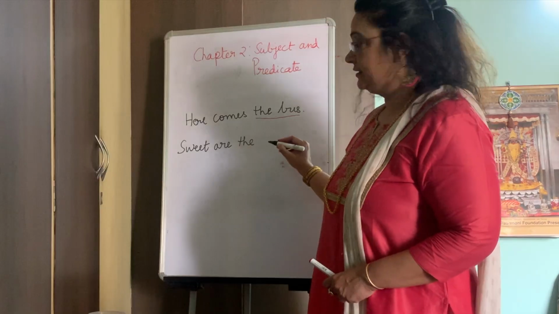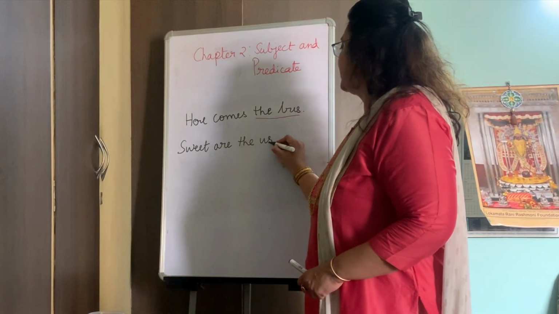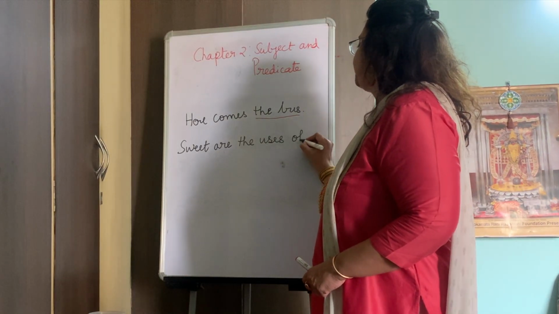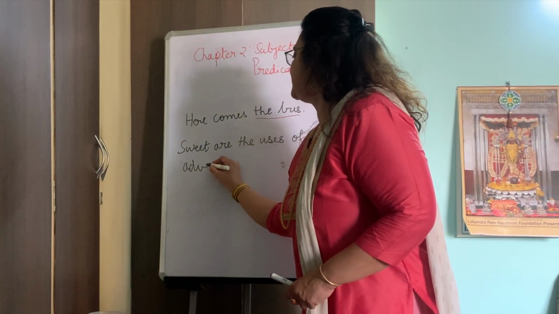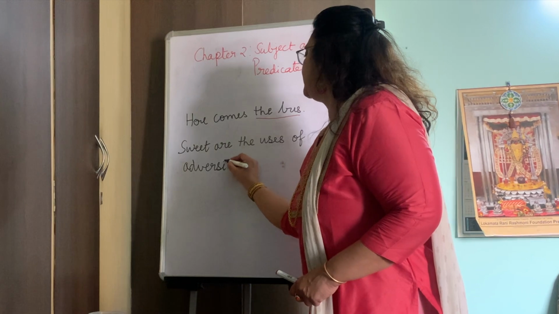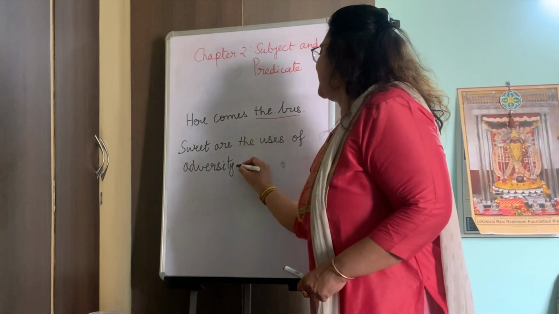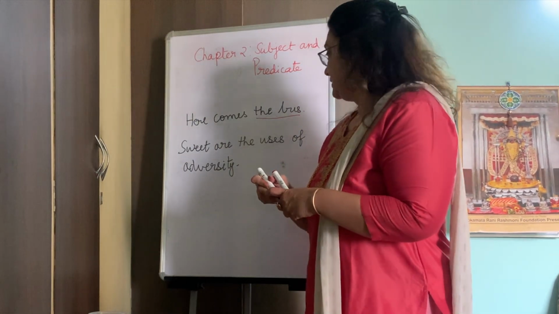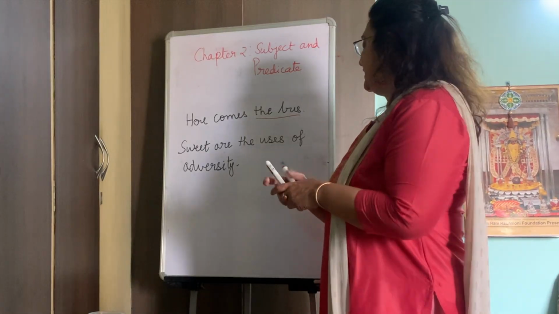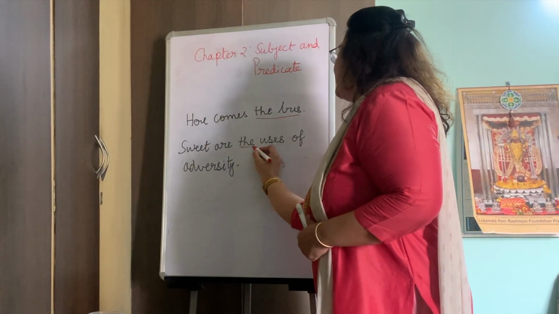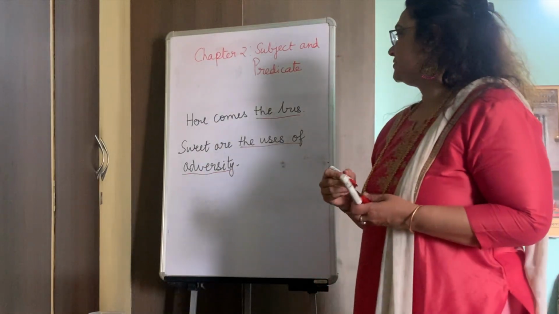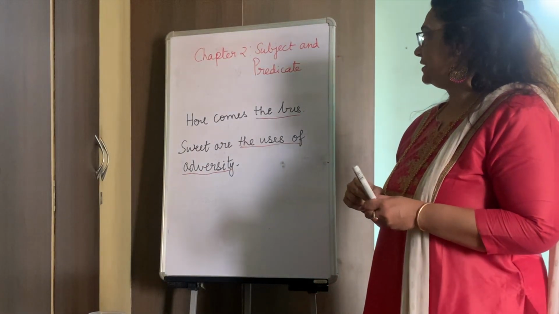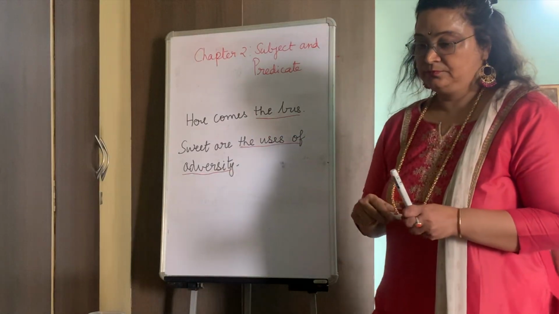Sweet are the uses of adversity. Adversity is a noun here and the subject is the uses of adversity. It is not one word; here it is a group of words. So the subject comes at the end.